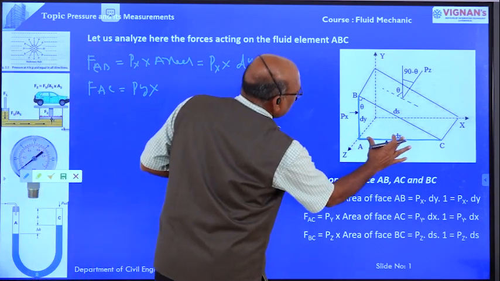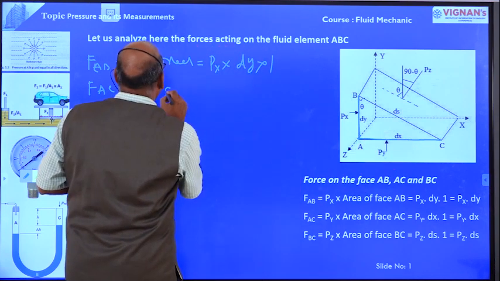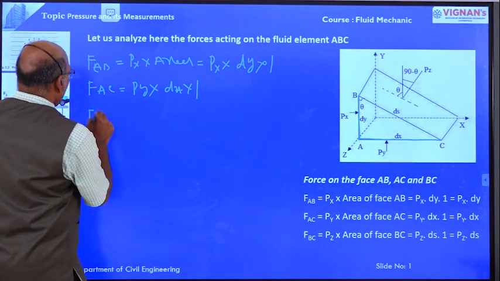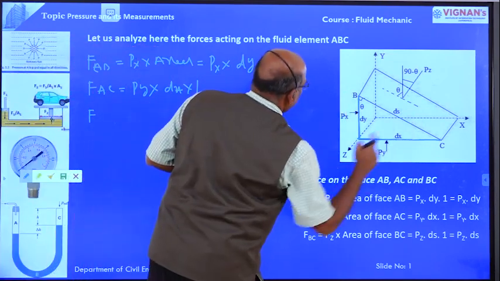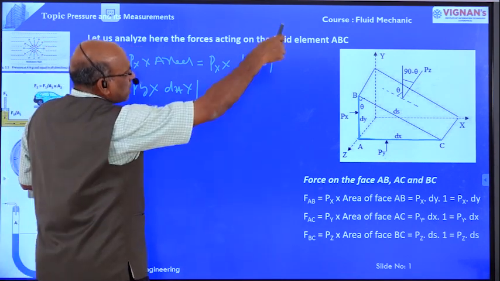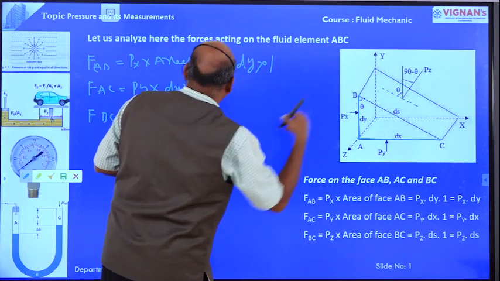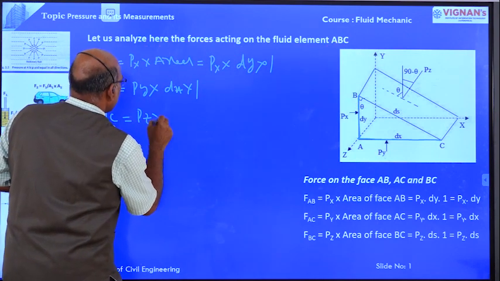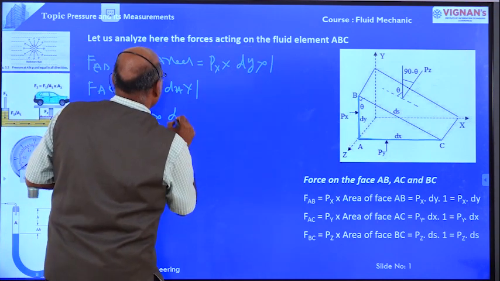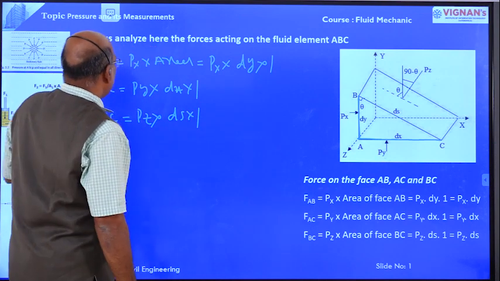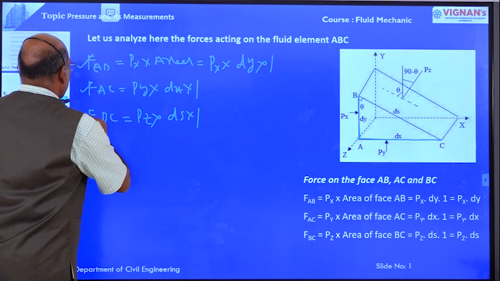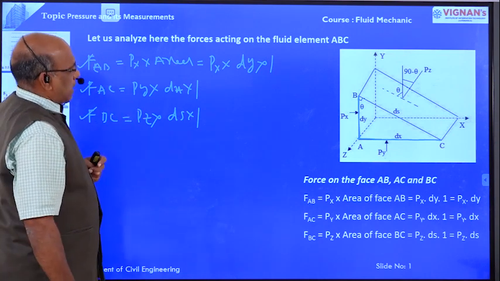Area is the length of the fluid element dx, and the width is 1. Now the force on BC equals the pressure on BC, Pz, into the length of the fluid element ds into 1. This is the force acting on face AB, face AC, and face BC.